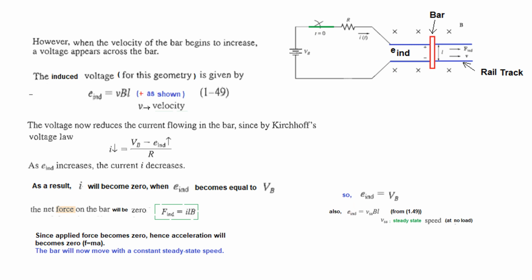So we can say that V_SS BL is equal to V_B, and from there we can find V_SS to be V_B over BL. So this is the formula that we'll use to calculate the steady state speed in these coming problems.